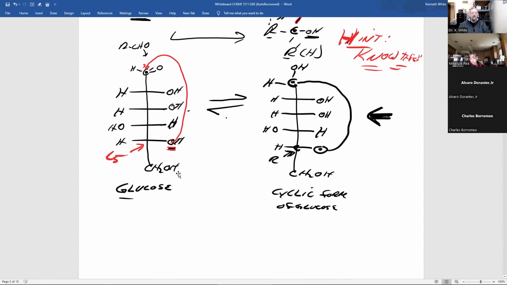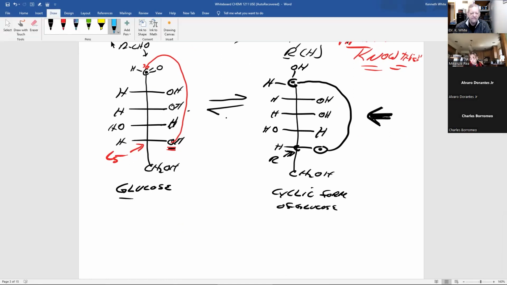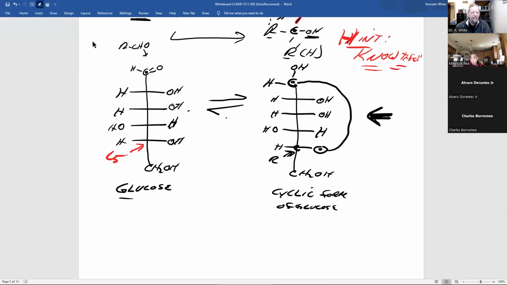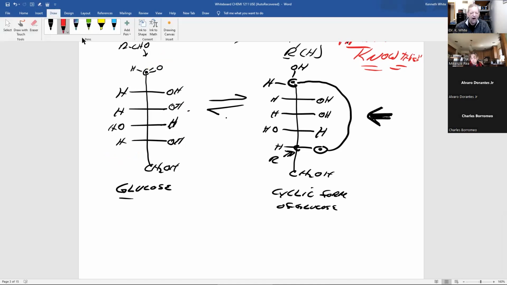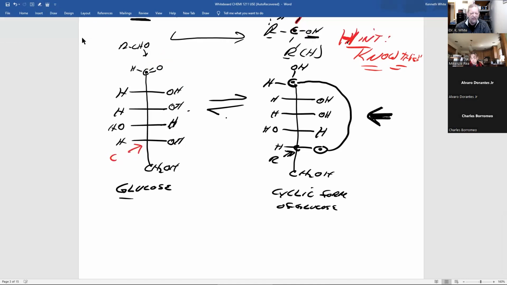If we go back to glucose, always the C5 carbon. Remember, the carbonyl carbon is one. Each one of these intersections is a carbon.